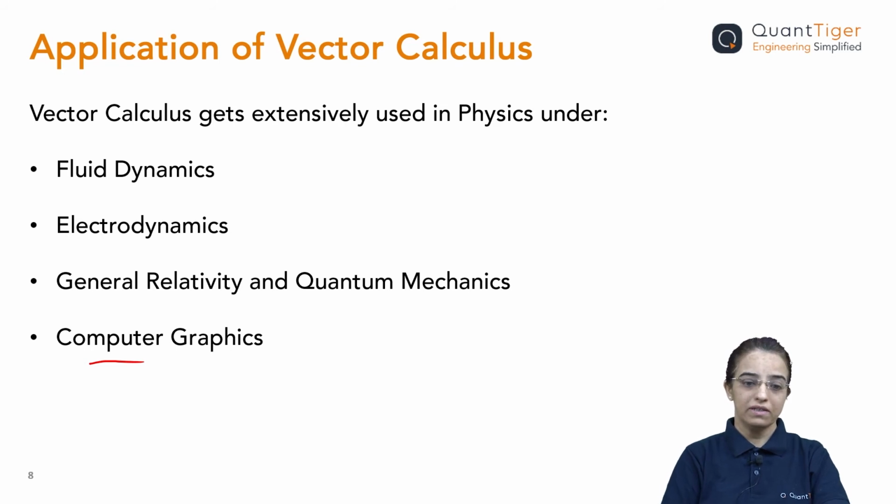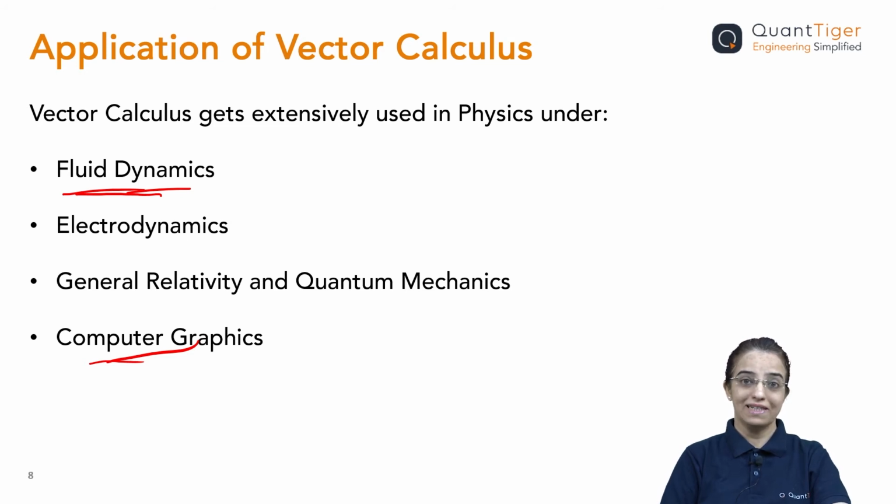Vectors also play an important role in computer graphics. Then, specifically, they are used in fluid dynamics. If any fluid is there, how much its flow is and what its direction is, we will look at that in more detail when we learn about divergence and curl of a vector, because then we will understand how it gets applied there.